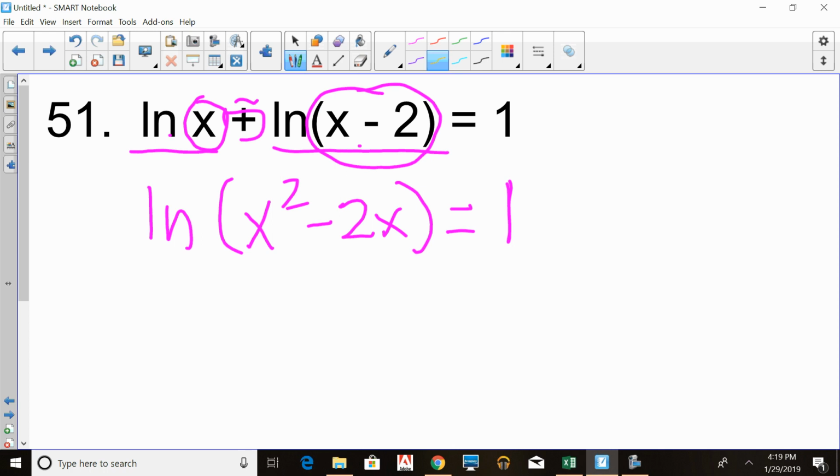Then, to get rid of ln, you use e on both sides. So then you have x squared minus 2x equals e to the first power.